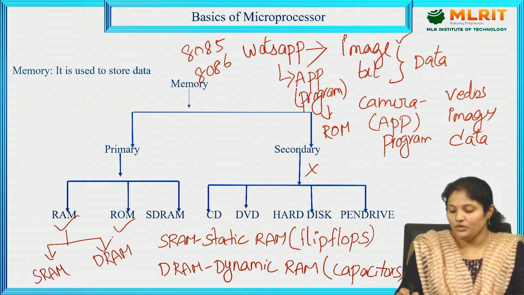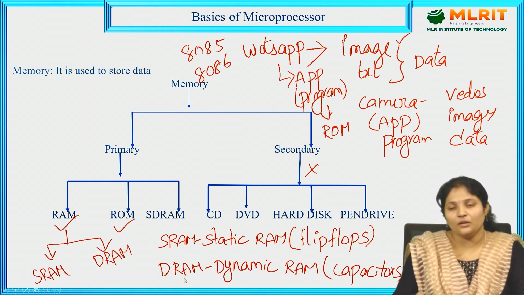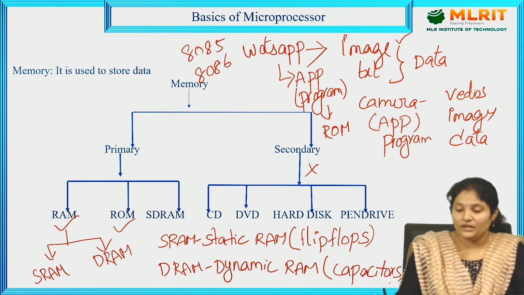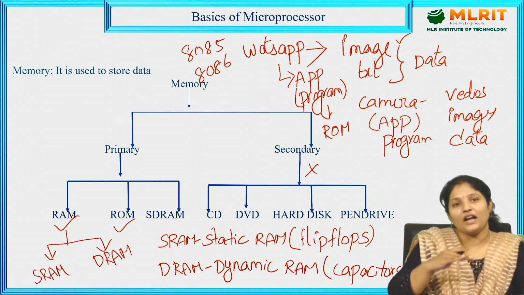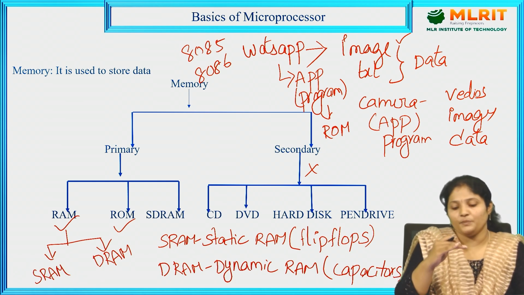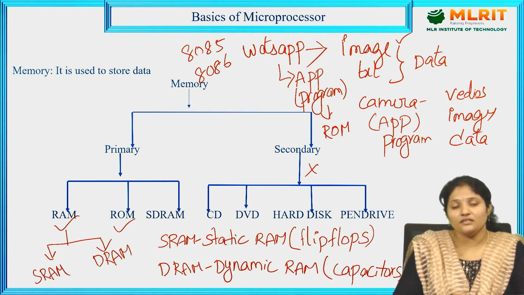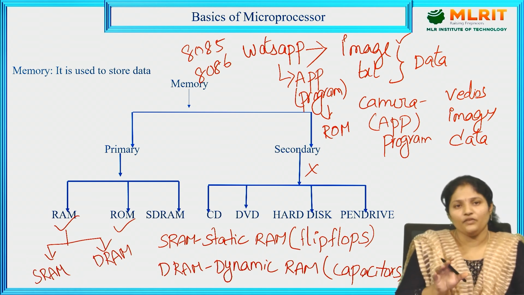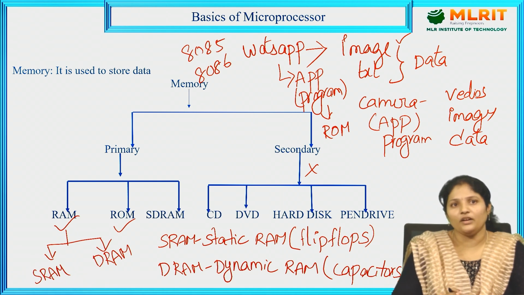Because SRAM uses flip-flops, whereas dynamic RAM uses capacitors. When a capacitor is charged, it is represented as 1, and when it discharges, it represents 0. We are not using a single capacitor, right? If you want to have more data, we need to have more capacitors.